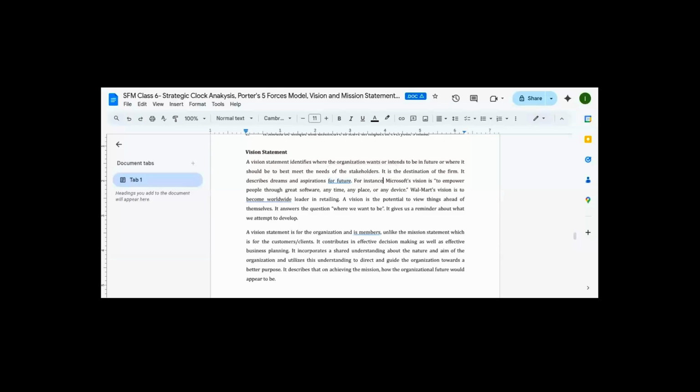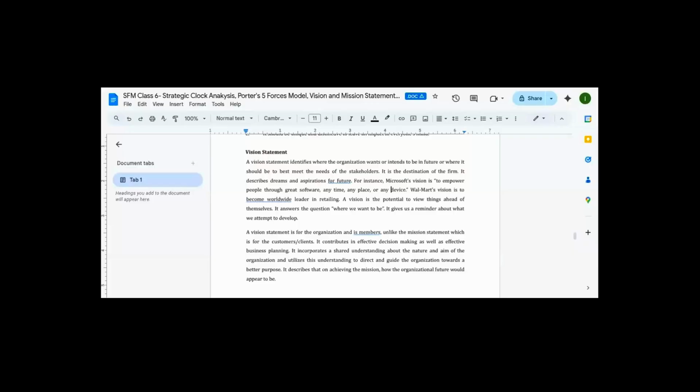Microsoft's vision is to empower people through great software, anytime, any place, on any device. And they are achieving that throughout the whole world, empowering people with technology, Microsoft knowledge, Word knowledge, and the rest.